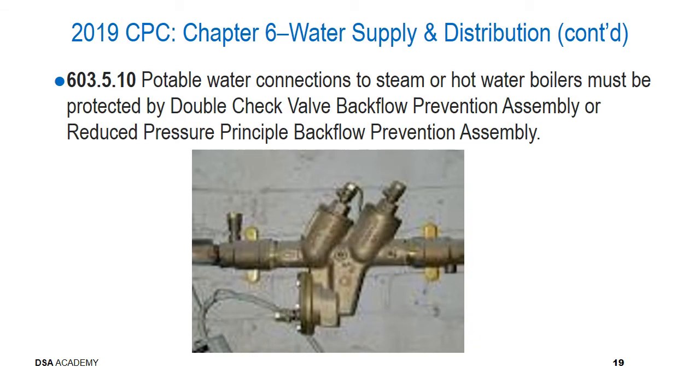This is a photograph showing a better view of a reduced pressure principle backflow prevention assembly. And again, potable water connections to steam or hot water boilers are required to be protected by this type of backflow preventer or a double check valve backflow prevention assembly in order to comply with the requirement that hot water boilers or steam never comes in contact with the potable water supply.